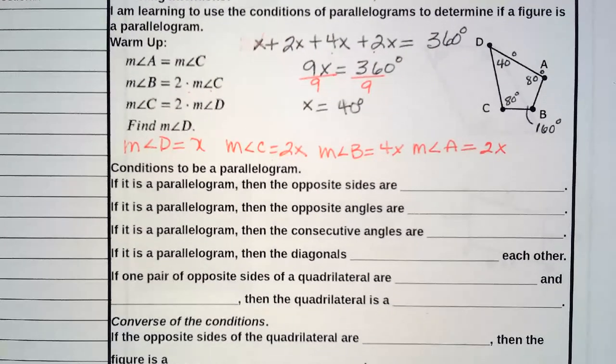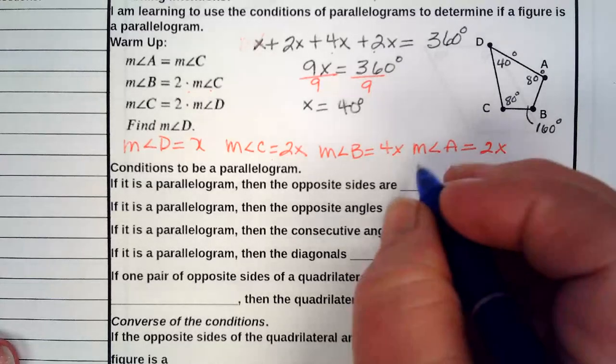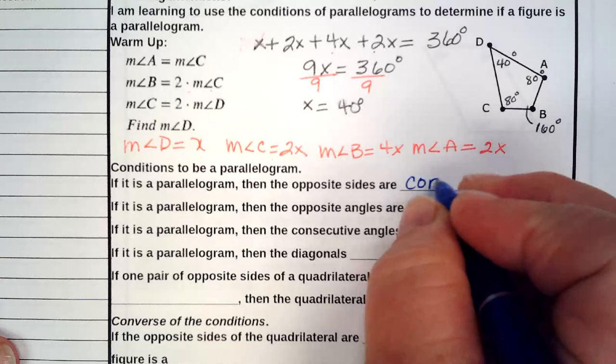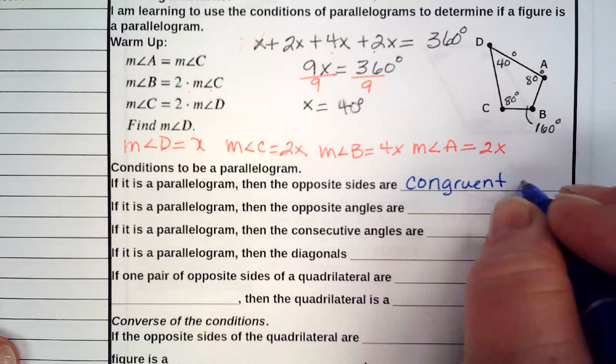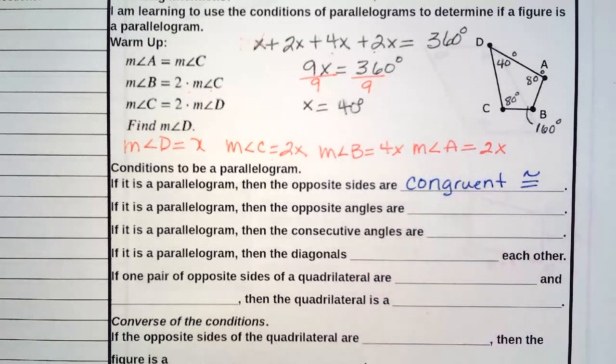So what are the conditions to be a parallelogram? First condition, if it is a parallelogram, then the opposite sides are what? Congruent is correct. You can always use the symbol for congruent.